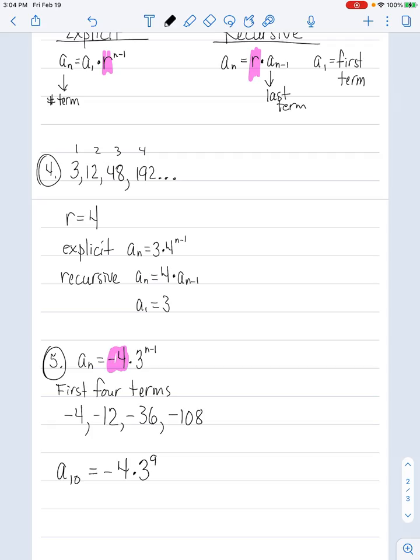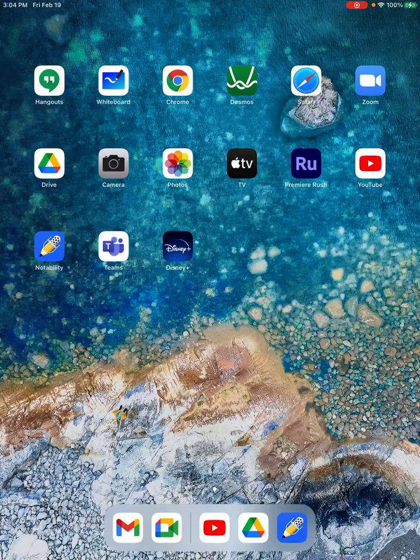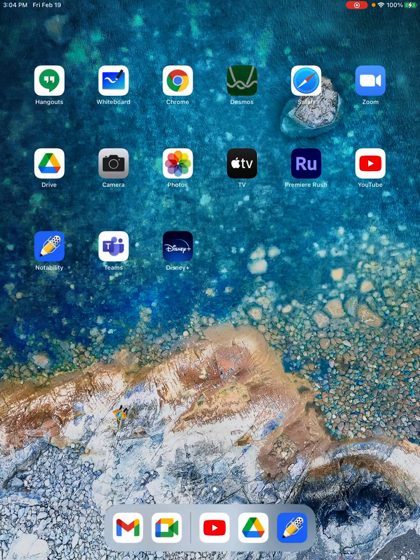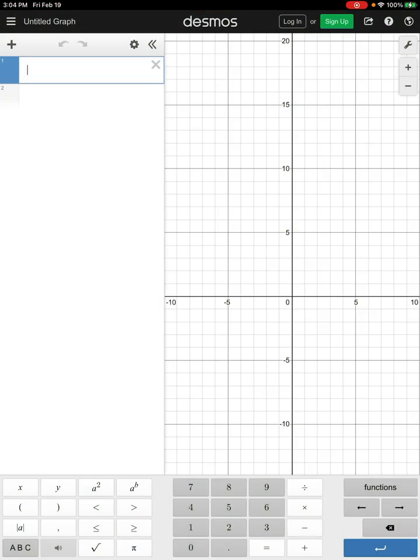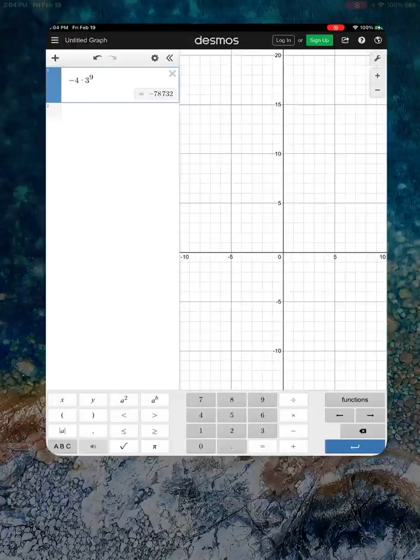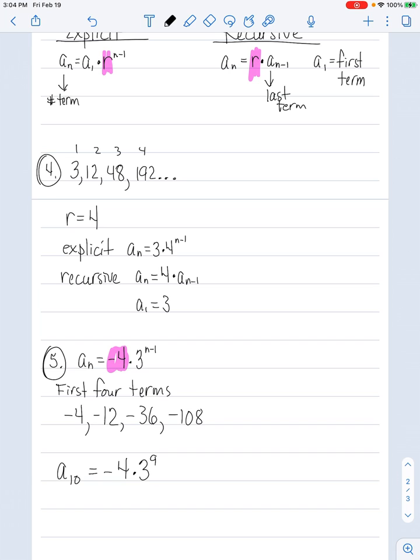And then I type this in the calculator: -4 times 3 raised to the 9th power, and I get -78,732. So that's how you use those formulas for your bigger numbers.